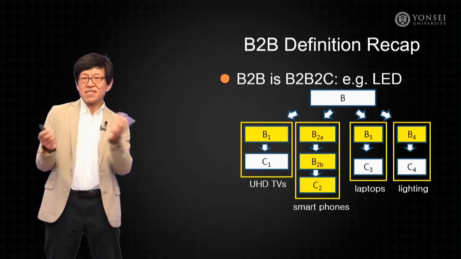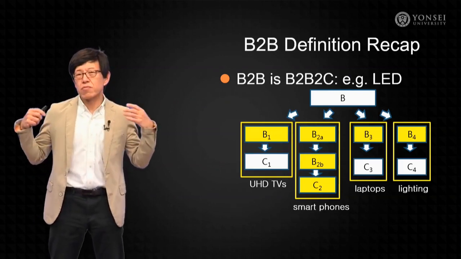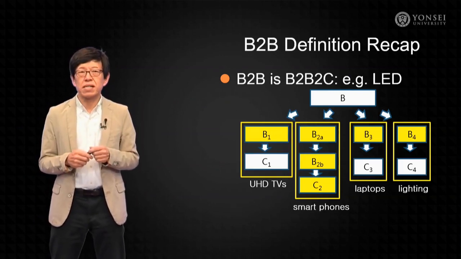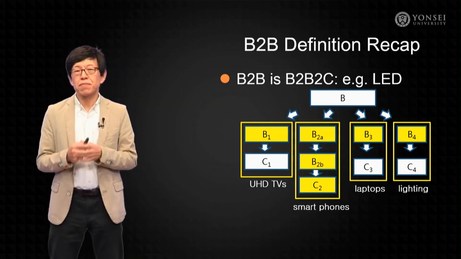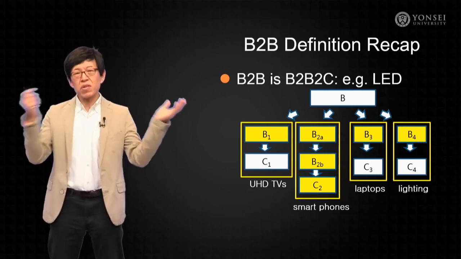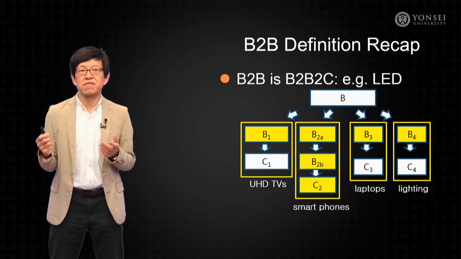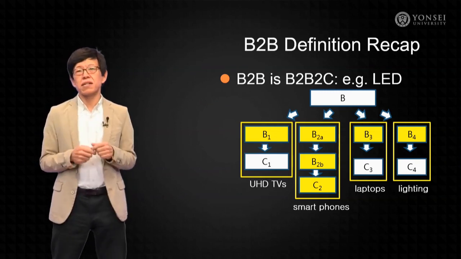Okay, so this is a recap of what B2B to C means. And the B2B to C implies that we can have a myriad of applications of how our product can be used. Take, for instance, LED.